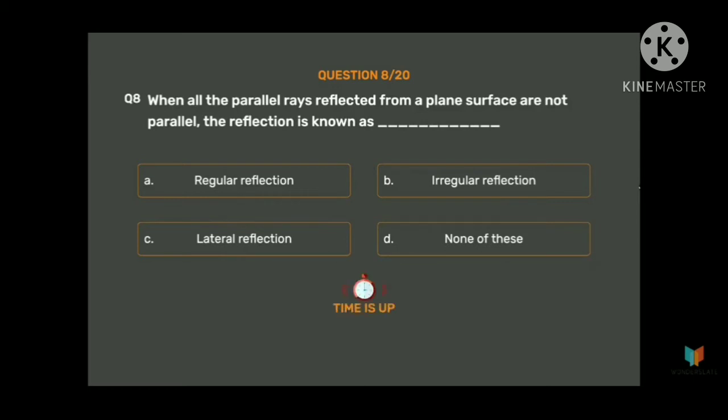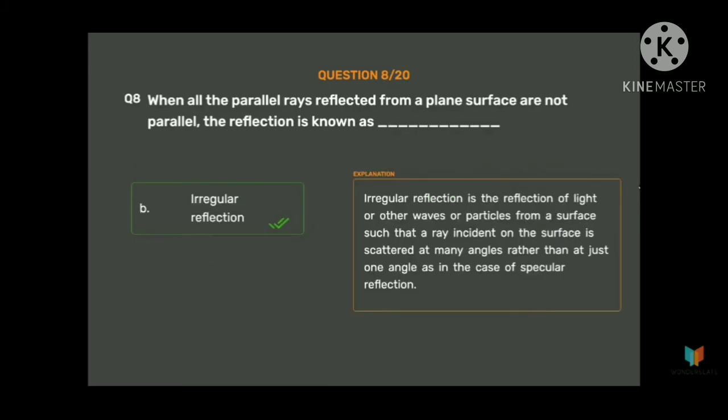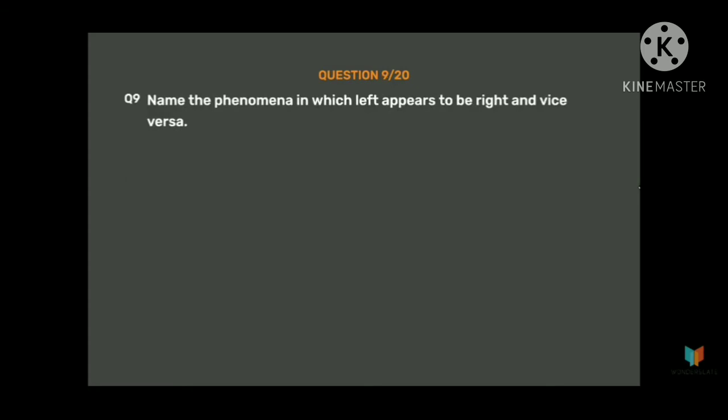The correct answer is option B, irregular reflection. Irregular reflection is the reflection of light or other waves or particles from a surface such that a ray incident on the surface is scattered at many angles rather than at just one angle, as in the case of specular reflection.